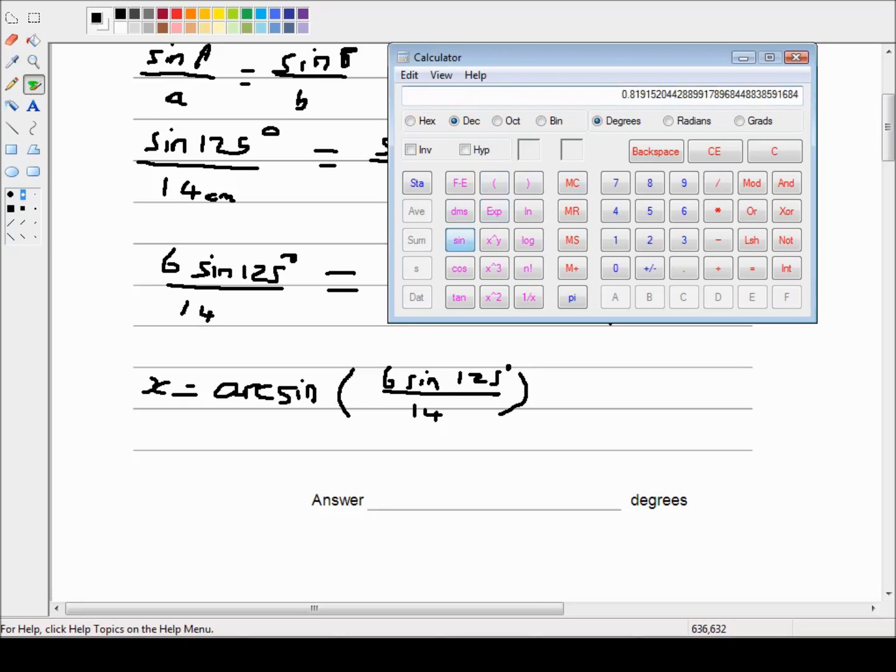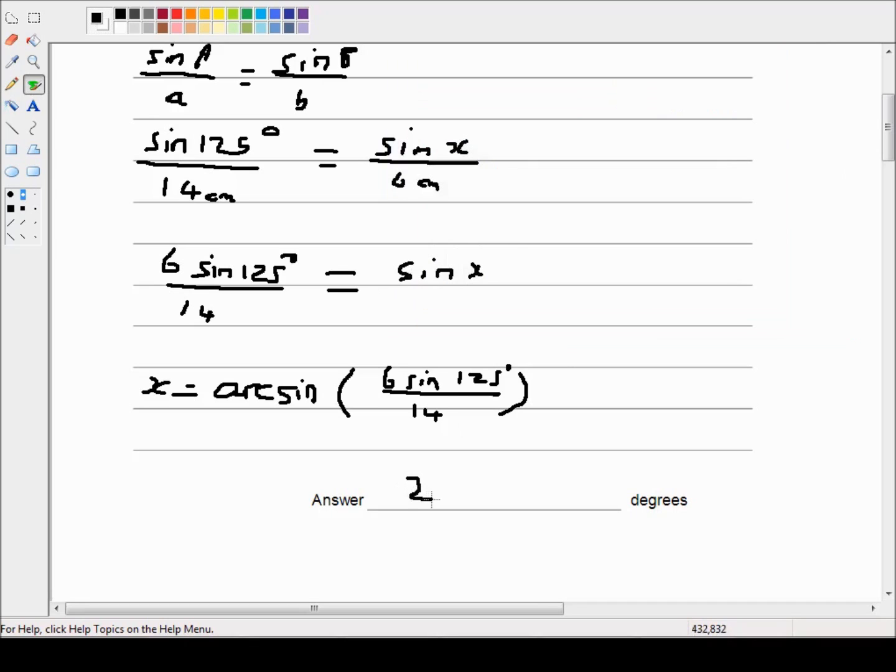So I'll click sine, and then I'll click equals, and then I'll divide by 14, and click equals, and that gets me the 0.351, which I need to find the arc sine of. So I'm going to click inverse and then the sine, and that gets me 20.552, so 20.6 degrees, and it already says degrees there.